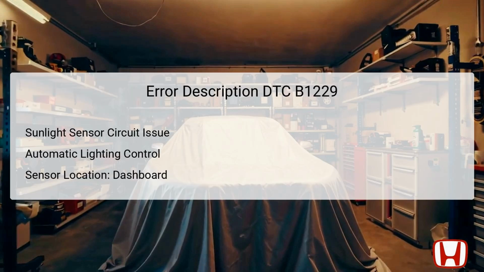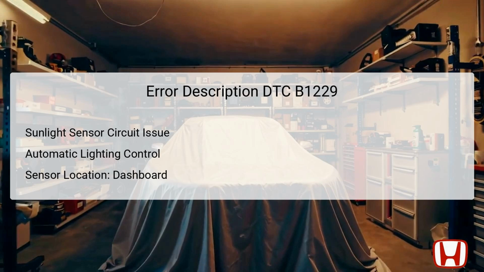DTC B1229 indicates a specific fault in the sunlight sensor circuit of the vehicle. This circuit plays a vital role in monitoring natural light conditions to automatically adjust the cabin's environmental settings. The sunlight sensor is primarily located on the dashboard, often near the front windshield, where it can effectively detect light levels.